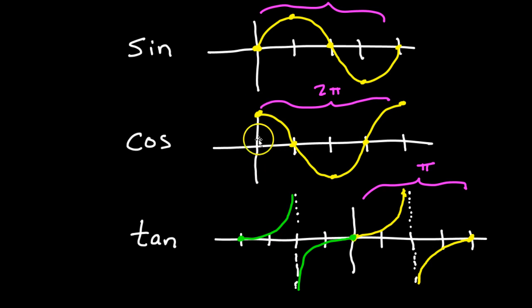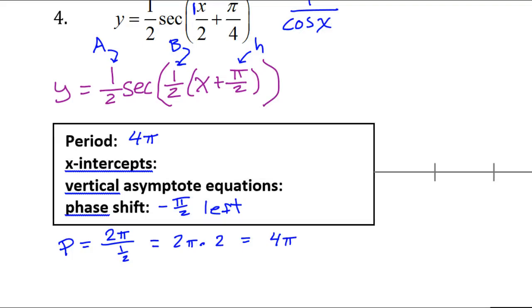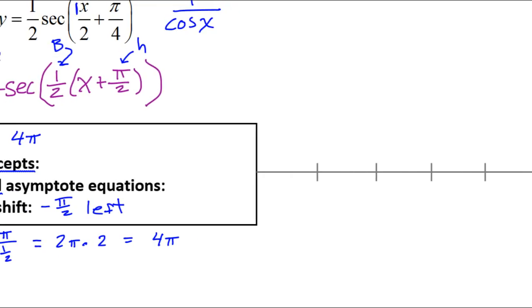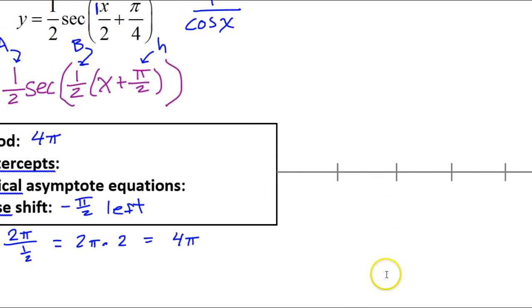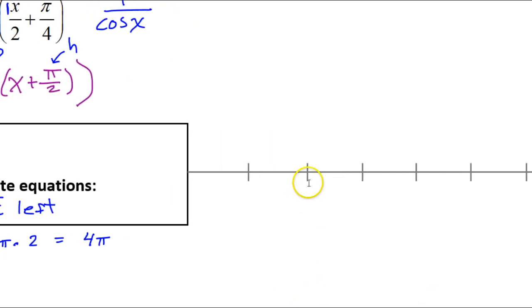It starts up high, but it starts at 0, and then we go from there. But because the phase shift is pi over 2 to the left, negative pi over 2, then that's where I'm going to start.